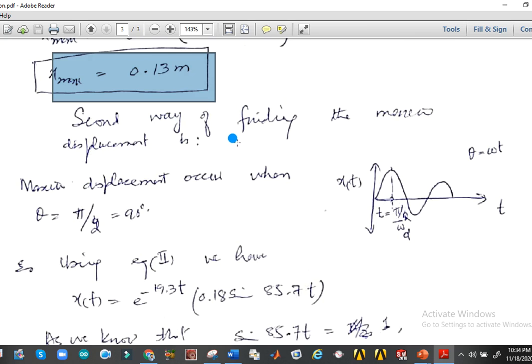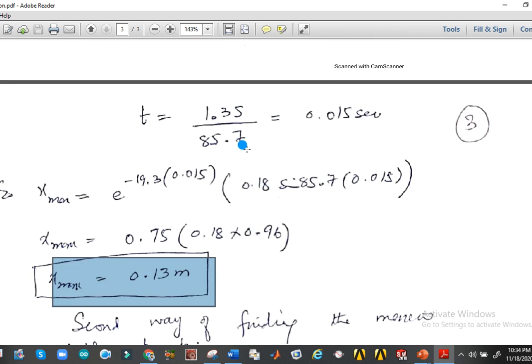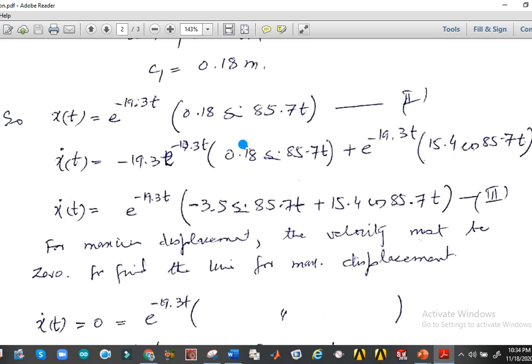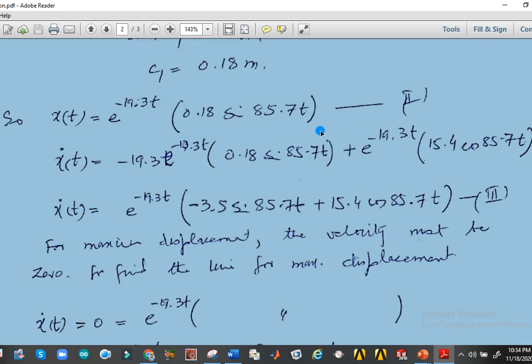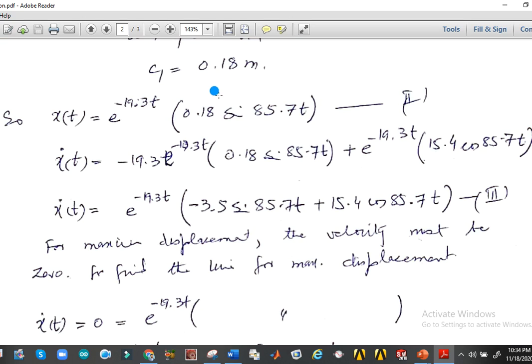Another way to find the maximum displacement is that we have already derived this expression of amplitude response, and we know that the response will be maximum when this sine term is equal to 1.